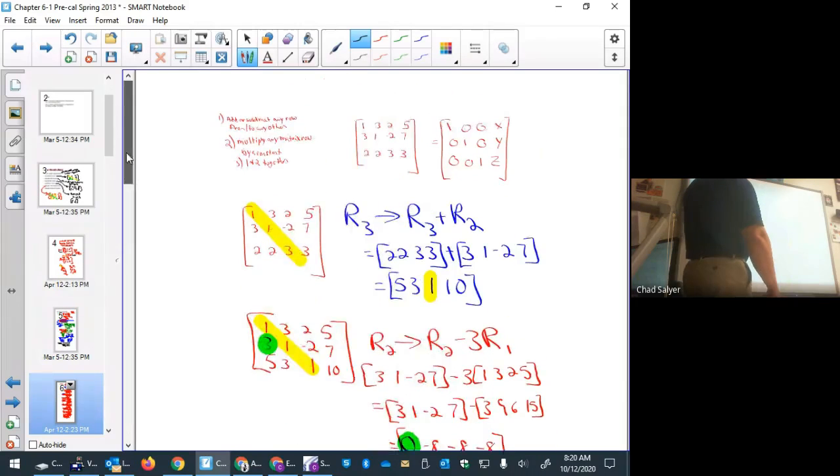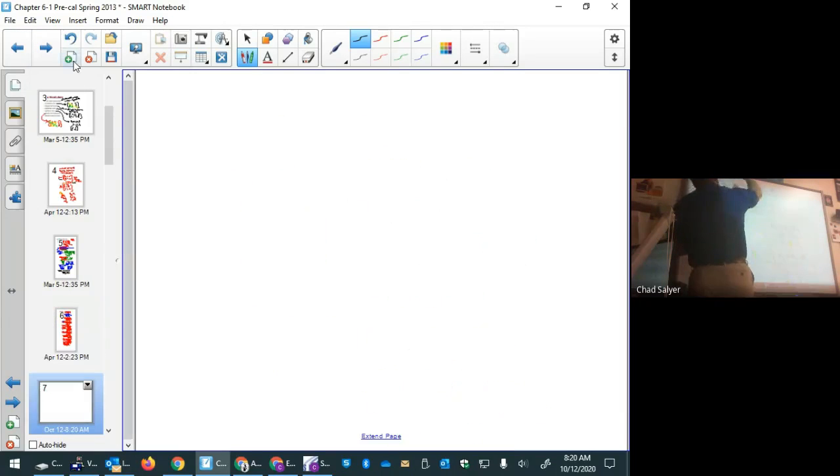So row operations work like this, and this is exactly analogous to the algebra you just saw me do.